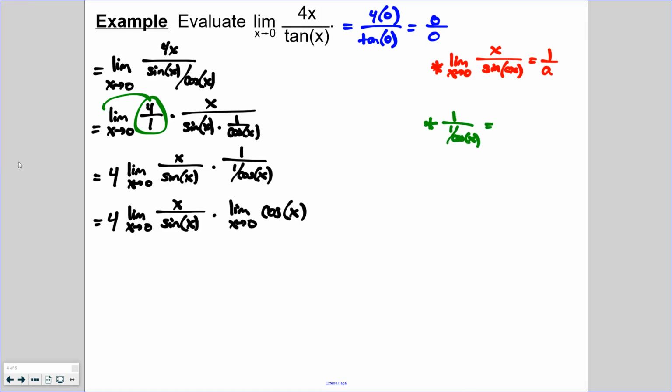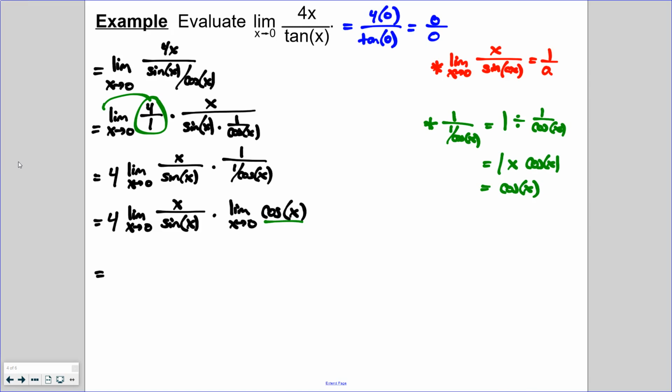Well, that can be rewritten as 1 divided by 1 over cosine of x. Remember, when we're dividing a fraction, we can change the division into multiplication as long as we flip the second fraction, which becomes cosine of x. And then 1 times cosine of x is just cosine of x. So that's how we get just the cosine.